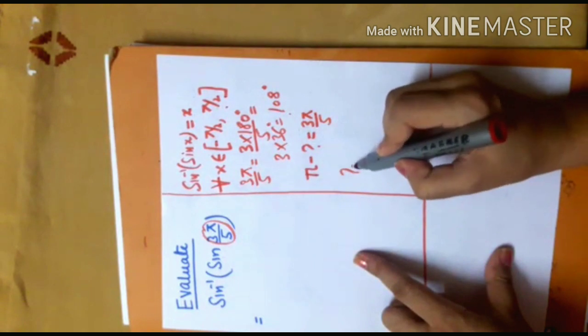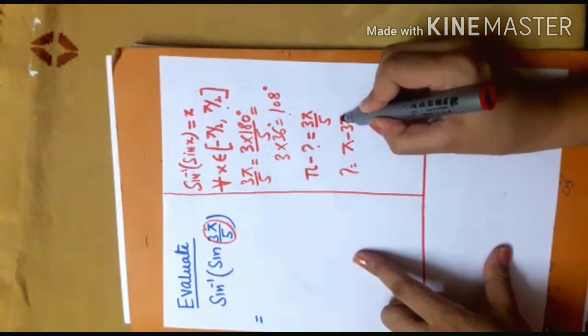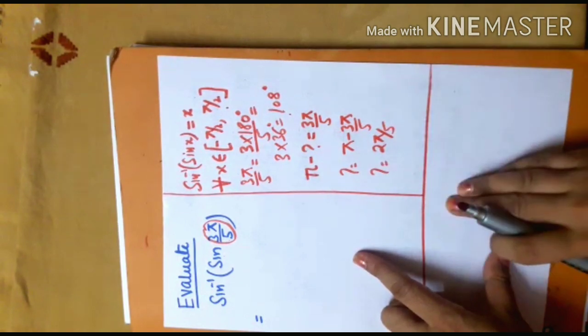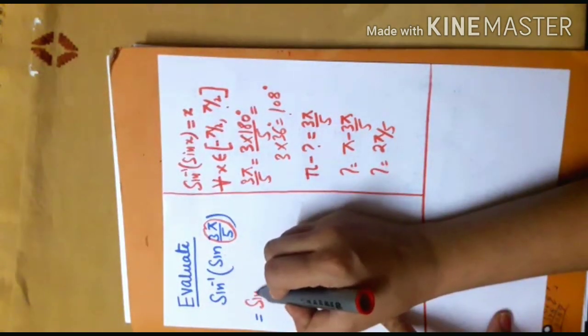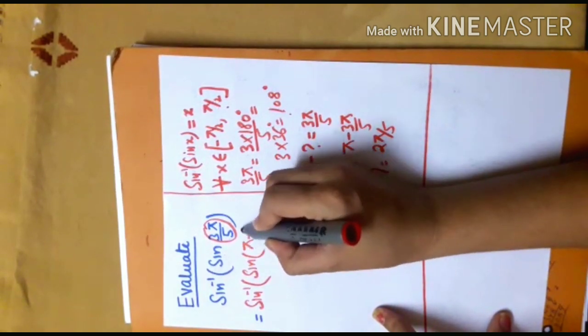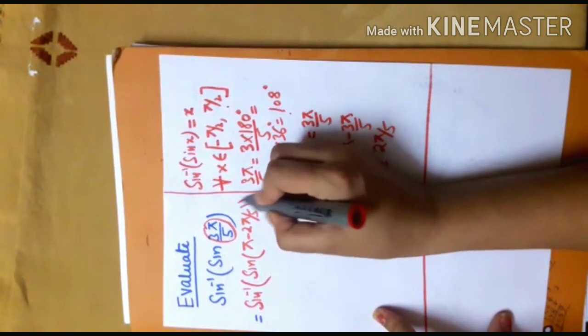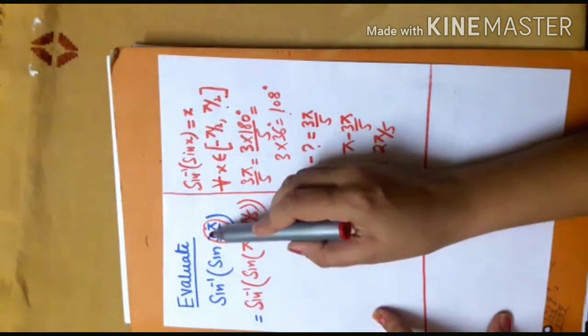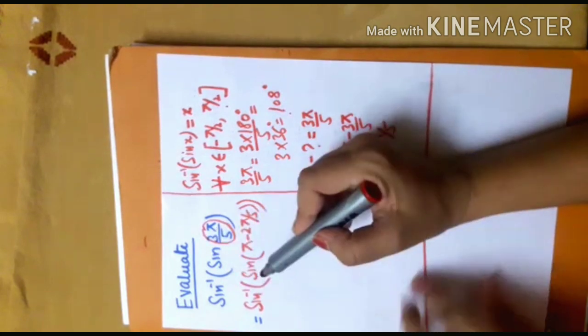So this something will be pi minus 3 pi by 5, that is 2 pi by 5. So what I can do, I can write this as sine pi minus 2 pi by 5, because pi minus 2 pi by 5 will give you 3 pi by 5.